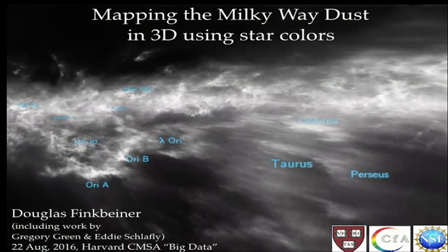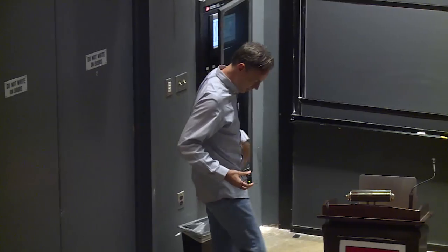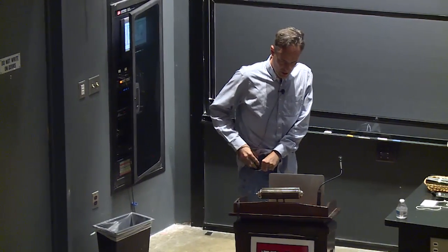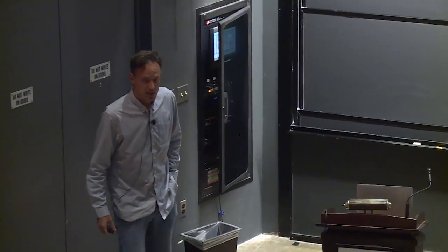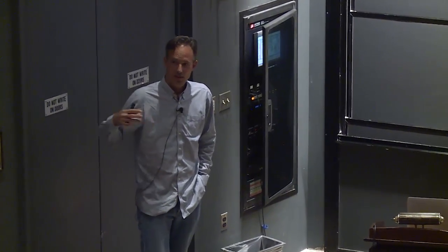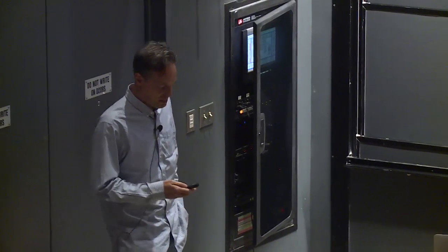All right, thank you. Good, that seems to work. So I will leave it up to you to decide whether what I'm talking about is big data or not. I think of big data not as a number of terabytes or something, but rather as a way of looking at problems.